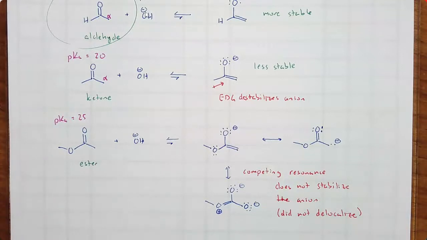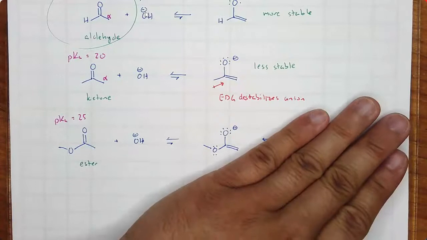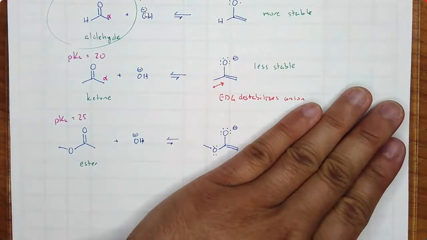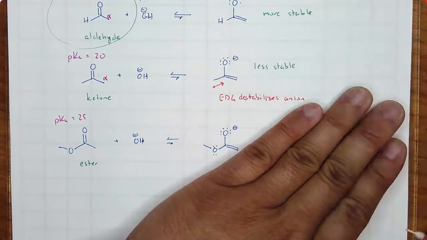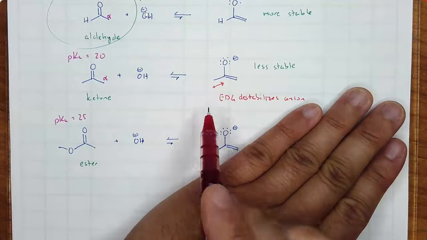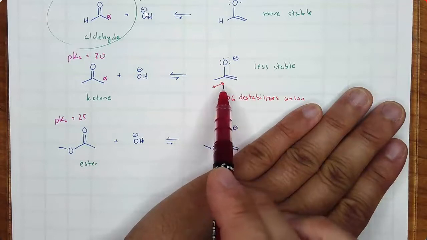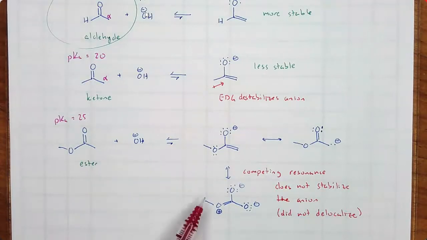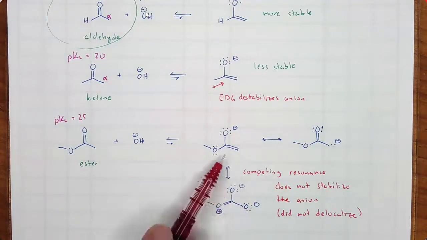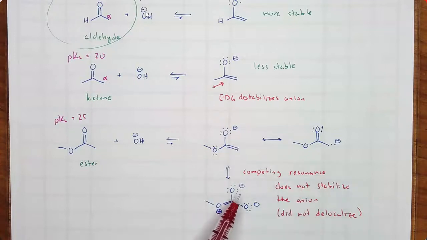So the issue is, this anion right here, is it stabilized or is it destabilized? Relative to, we're comparing it to this one, the ketone. So the ketone enolate, we do have this slight destabilization, okay, but here we have a bigger destabilization because by this competing resonance we are not spreading out this charge.